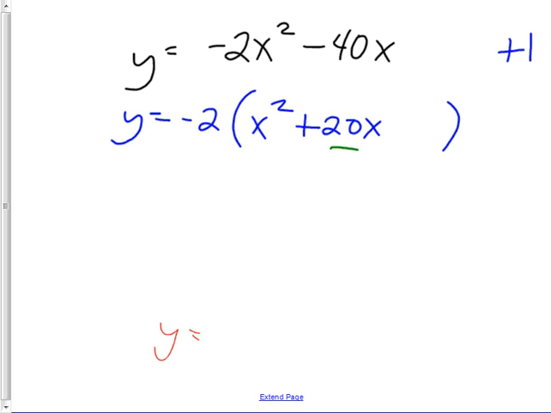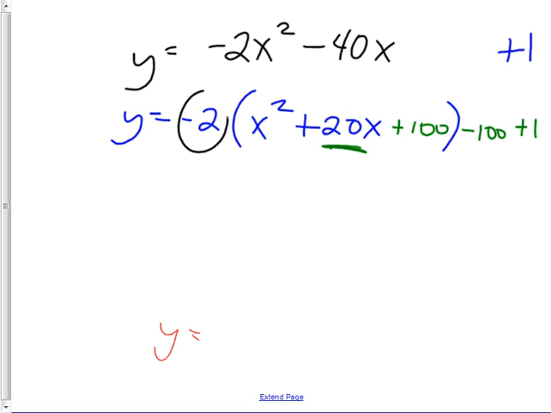So what were you doing to this 20 to get that? Okay. Half of it's 10, square it's 100. Awesome. Now what? Okay, tag off to the next person. There you go.